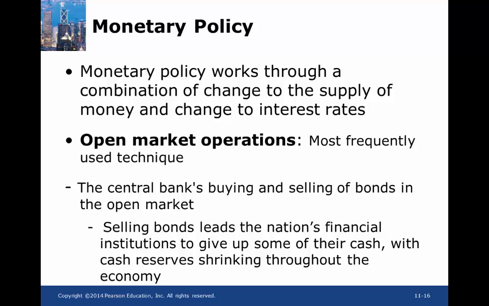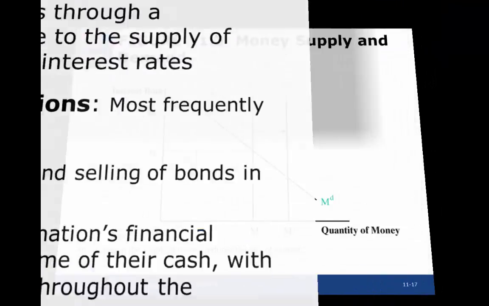Selling bonds leads the nation's financial institutions to give up some of their cash, with cash reserves shrinking throughout the economy.